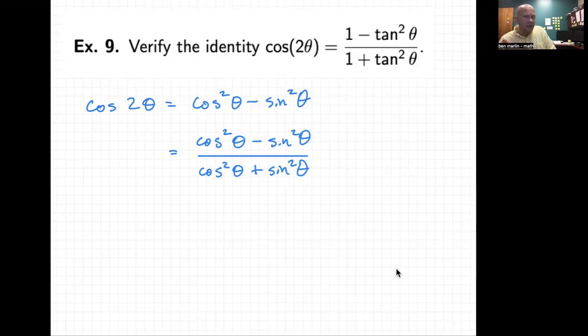The reason I can do that is that cosine squared plus sine squared is 1, and dividing by 1 doesn't change things. The reason I want to do that is that I think now I can multiply top and bottom by 1 over cosine squared.